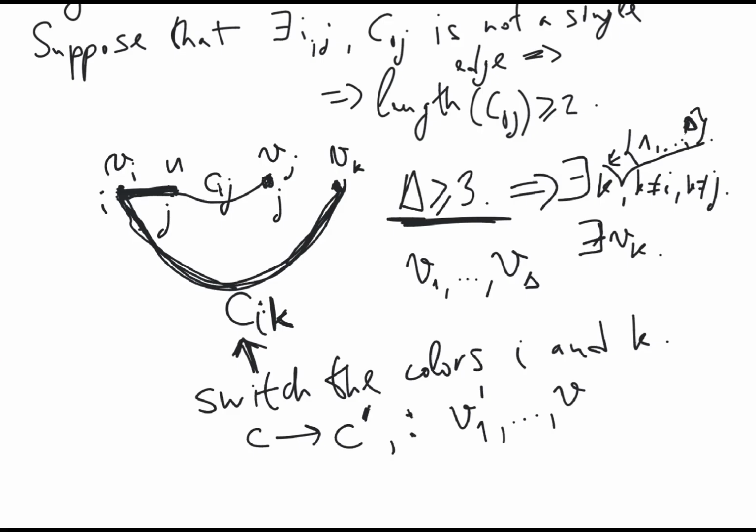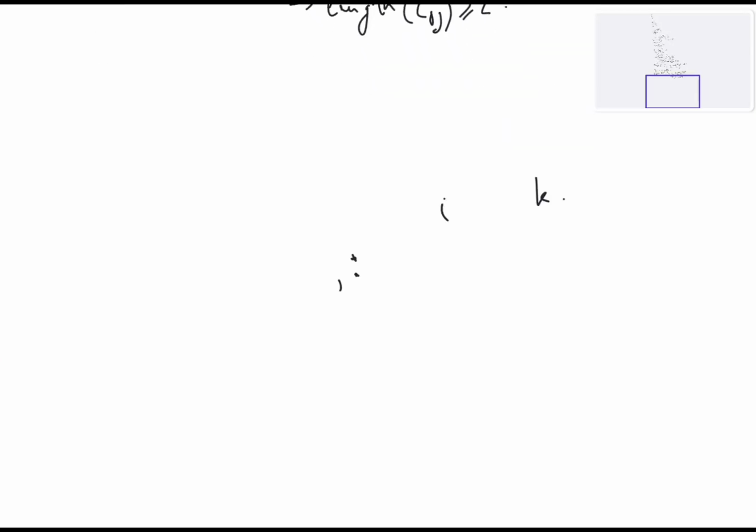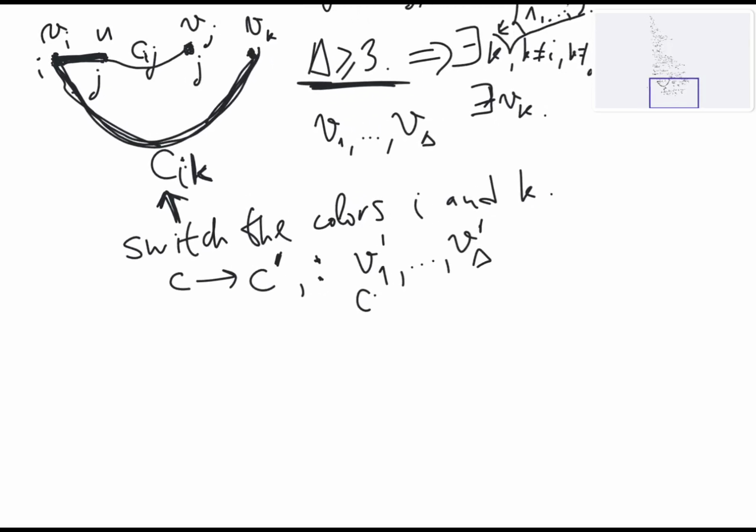For the new coloring C prime, we have this path Cij prime. For any ij, it is already taken, so ij are fixed letters, so let's say Cxy prime.